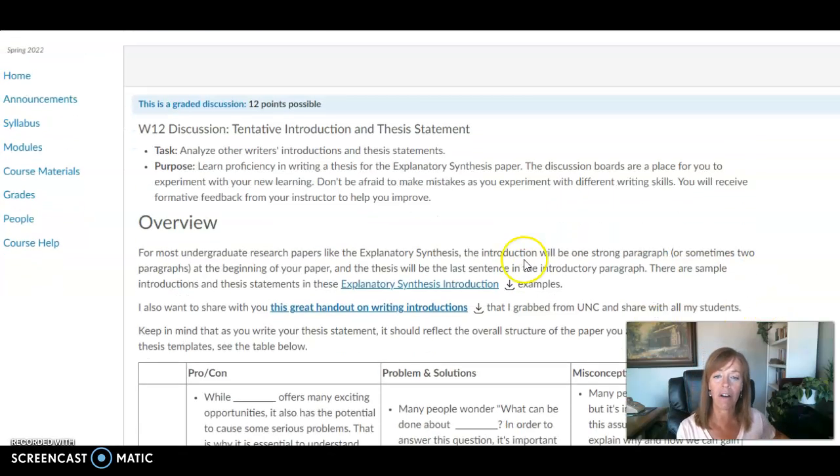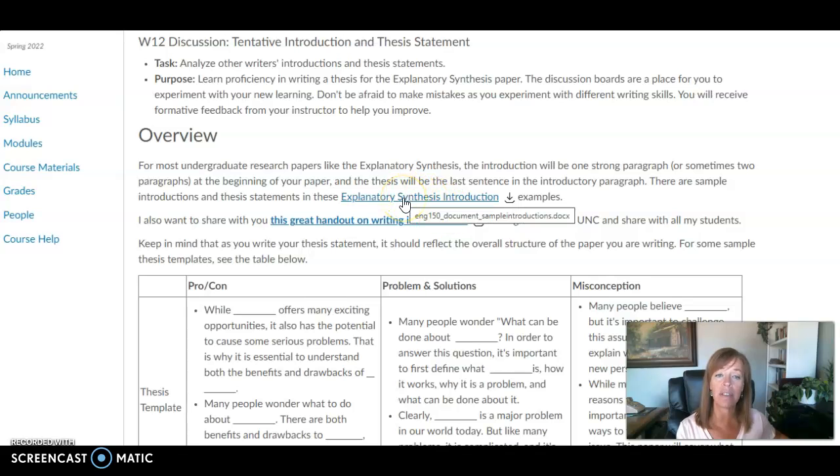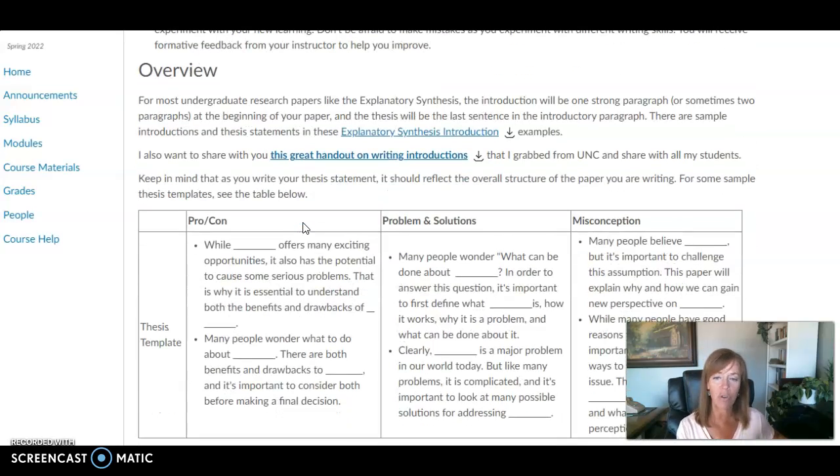There are some good examples here of introductions, and I inserted this handout because I use it a lot. It is a wonderful handout on the heavy lifting that introductions are supposed to be doing in academic writing and in writing in general. It's a fantastic handout. Please read that. I would save it for future use.